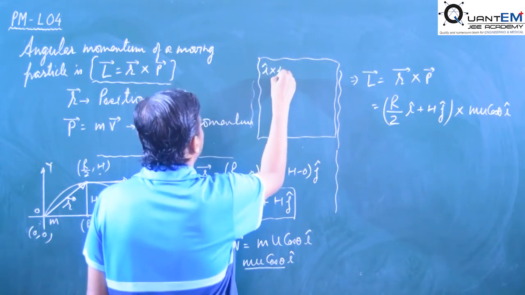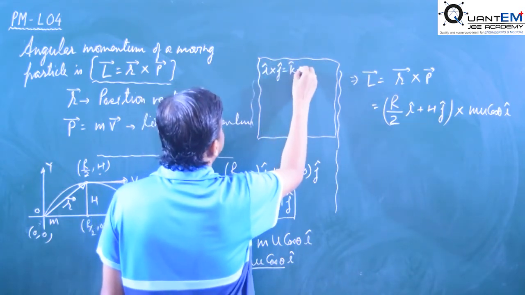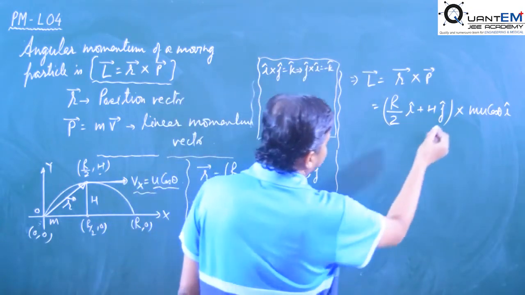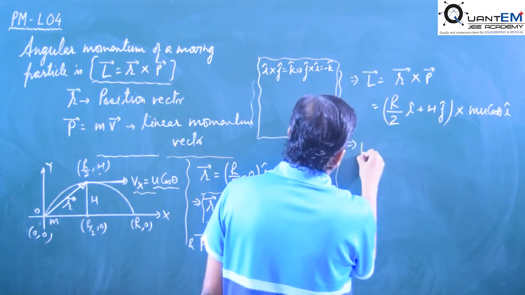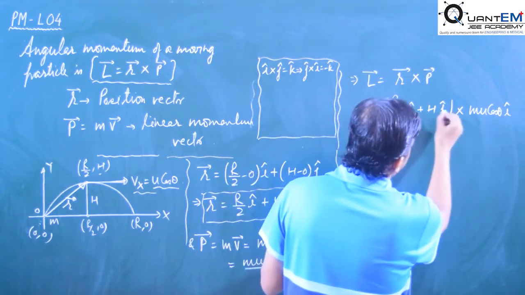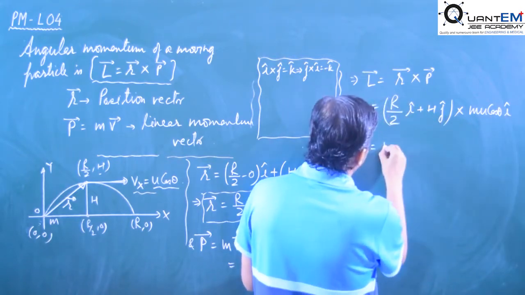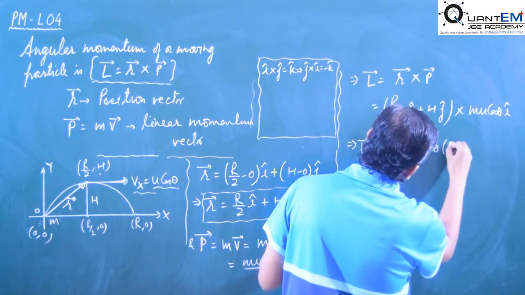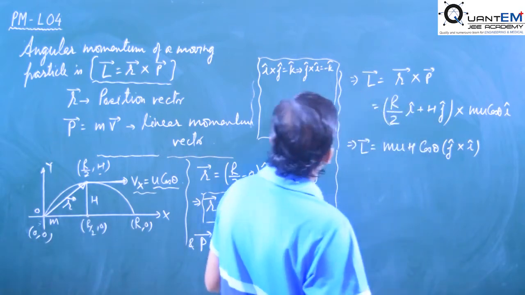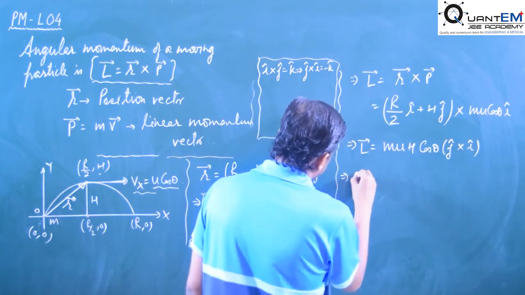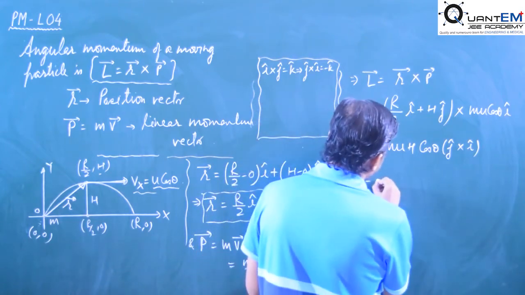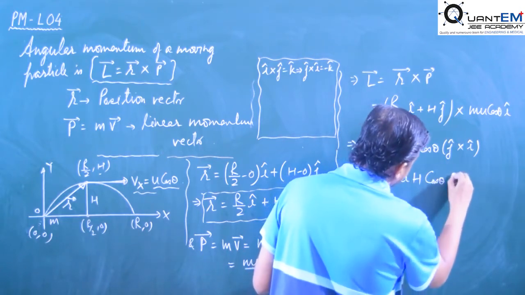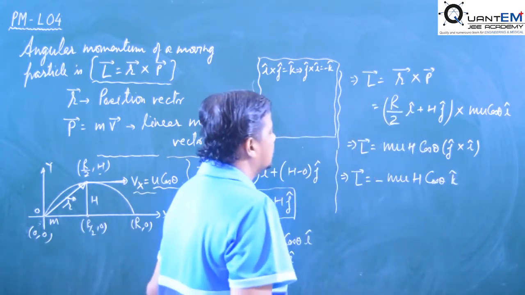I cross j gives k, so j cross i is equal to minus k. I cross i is 0, so that term will be 0, and we get m u h cos theta j cap cross i cap. The value of j cap cross i cap is minus k cap. So we get the angular momentum to be minus m u h cos theta k cap.